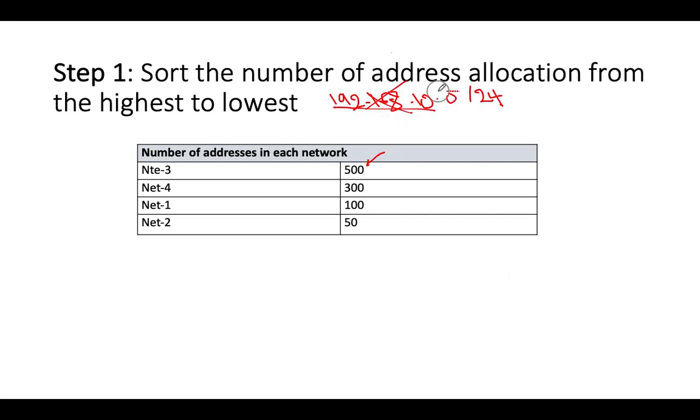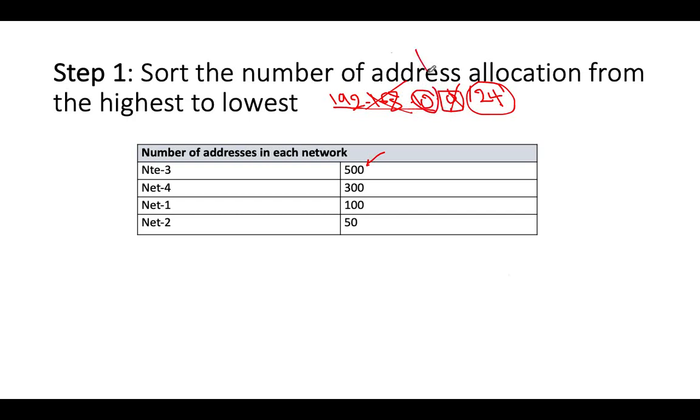I have only 1 byte here to use for hosts. Can I put 500 here? No, we can't. Which means that the /24 will not be good for us. So I need something to fit 500. Which one fits 500? We need to borrow something from here. What to borrow exactly? Go to the next class.